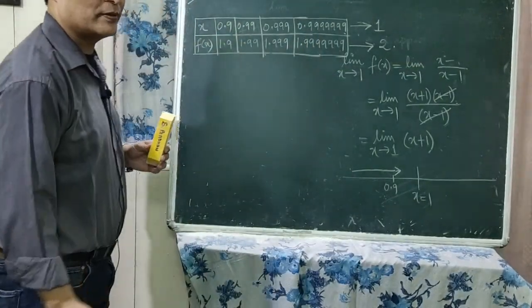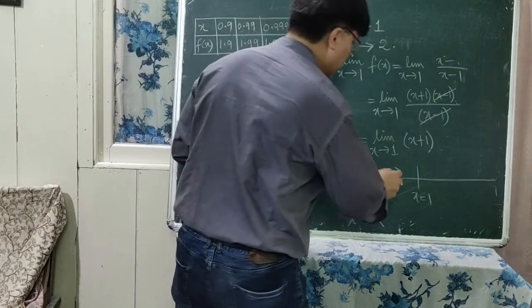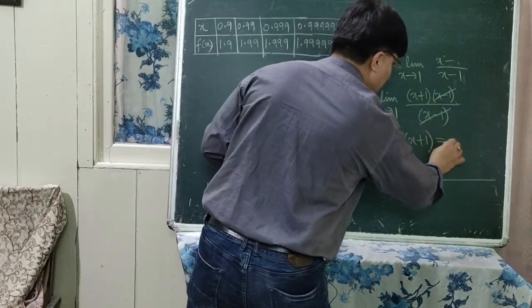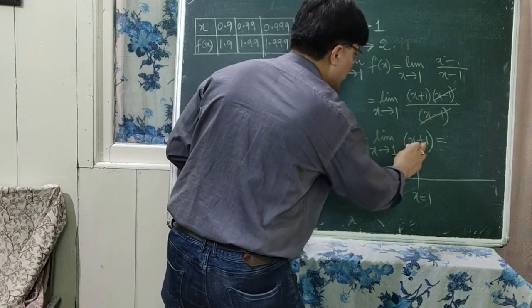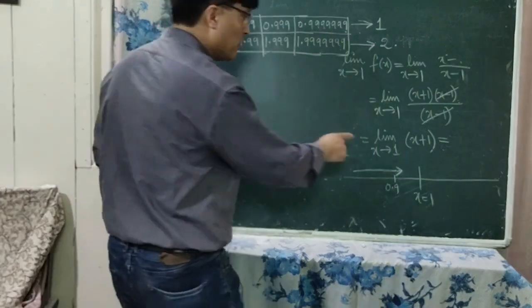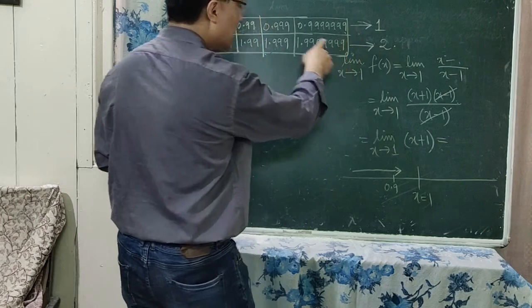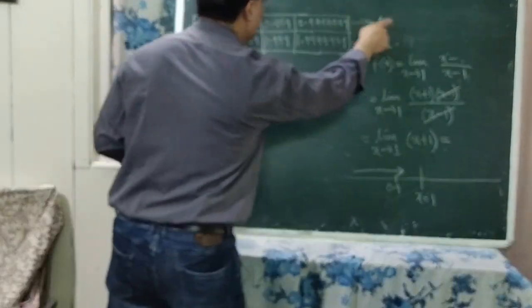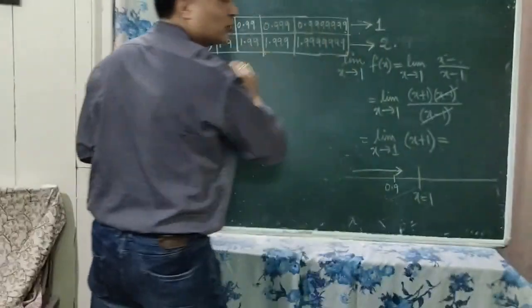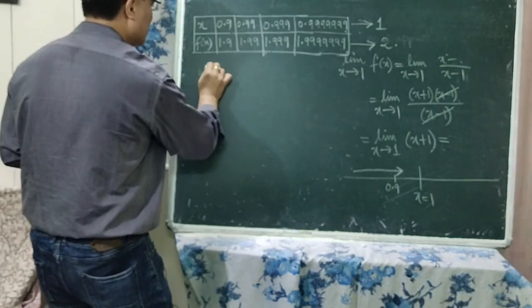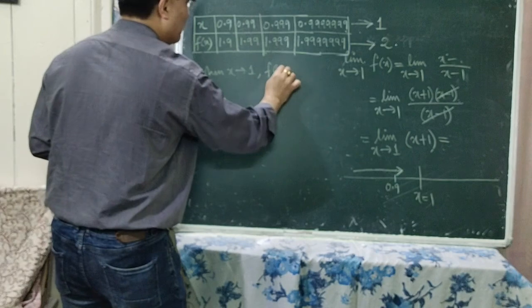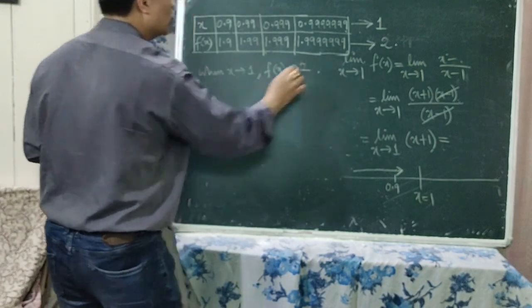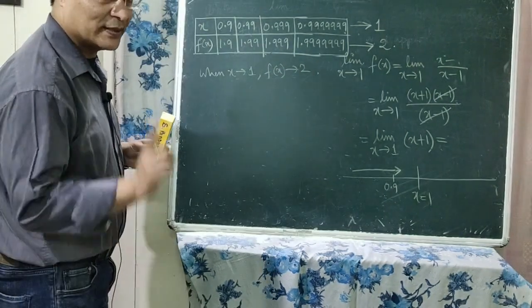2. Okay, so we can write here: limit x tends to 1, x plus 1 tends to what? 2. So when x tends to 1, then f of x tends to 2, isn't it? Is that clear?